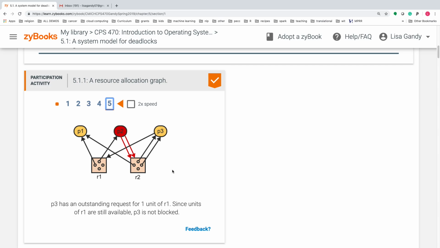And then if I ask, why is P3 not blocked? What's going on there? Because there's place to run it in R1. Yeah, exactly. It's asking for a resource and there's going to be 1. And it's got the resources from R2 it needs. And the same for P1. P1's not asking for anything and it's got the resources it needs. So that's that graph.